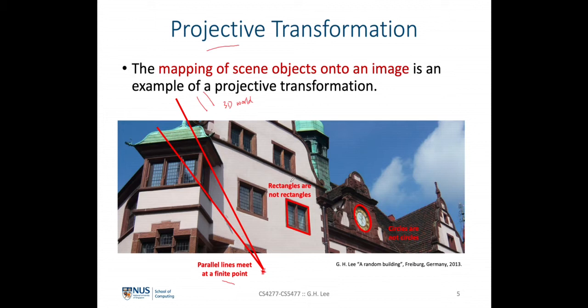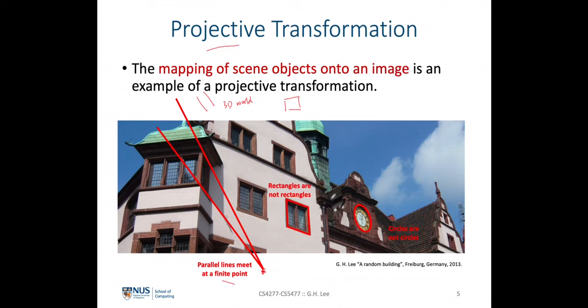We can further see that rectangles in the real world scene, for example the window over here, because of the projective transformation, when the light ray is being projected from the scene into the camera, the window that is formed on the image is no longer a rectangle over here. In fact, it becomes some form of parallelogram.